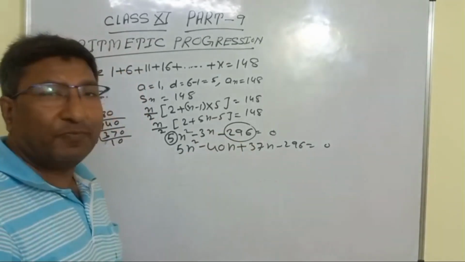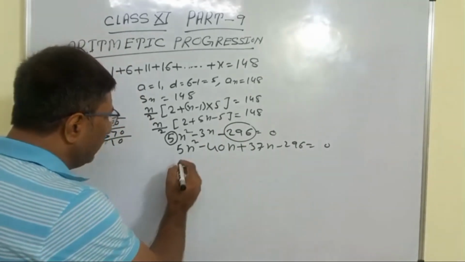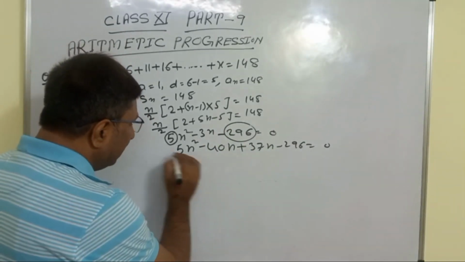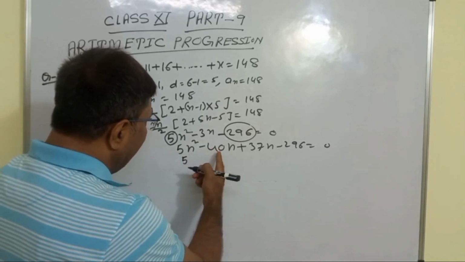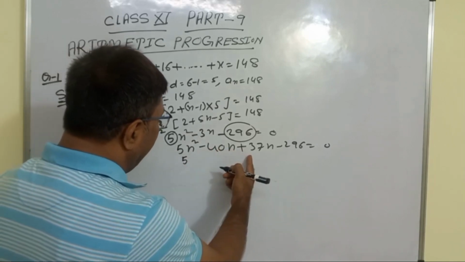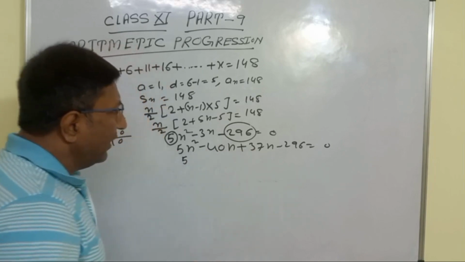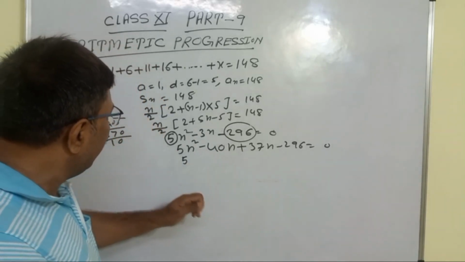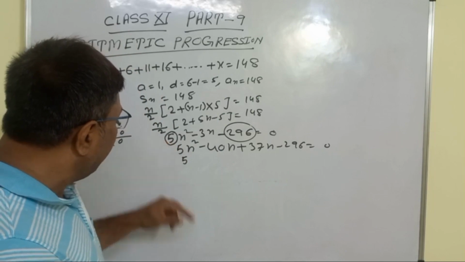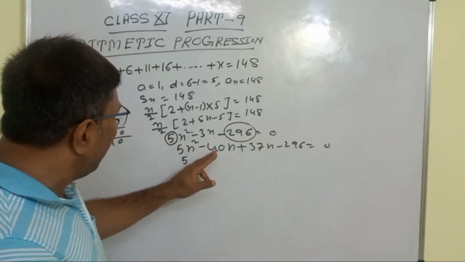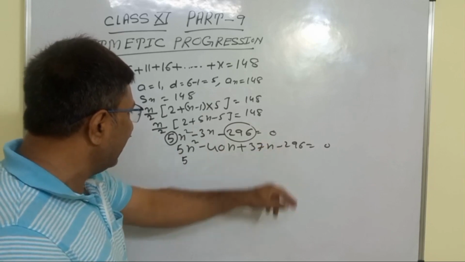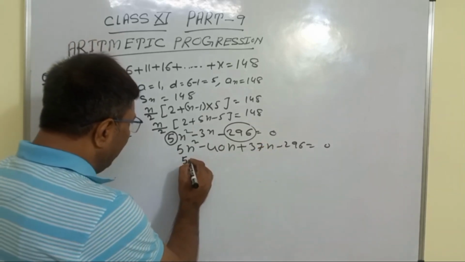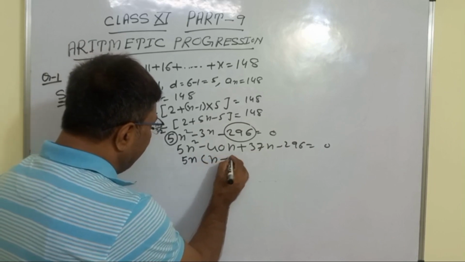When we multiply 40 and 37, we will get 1480. Now we take 5 common. From 5n square minus 40n we take common 5n, so n minus 8.